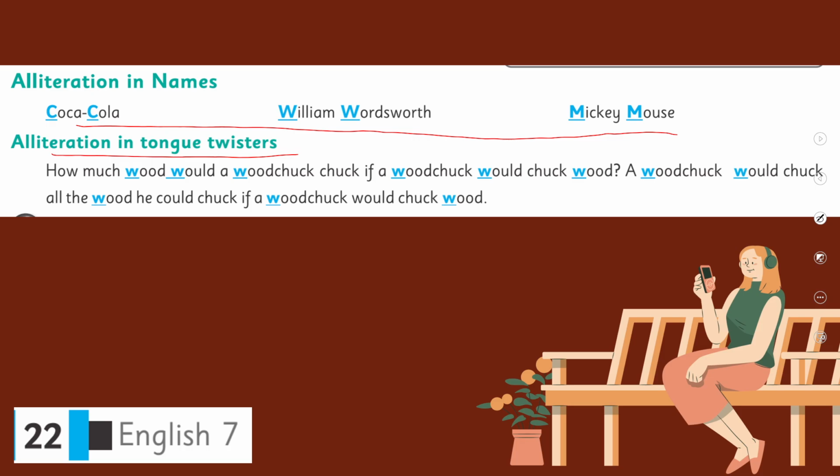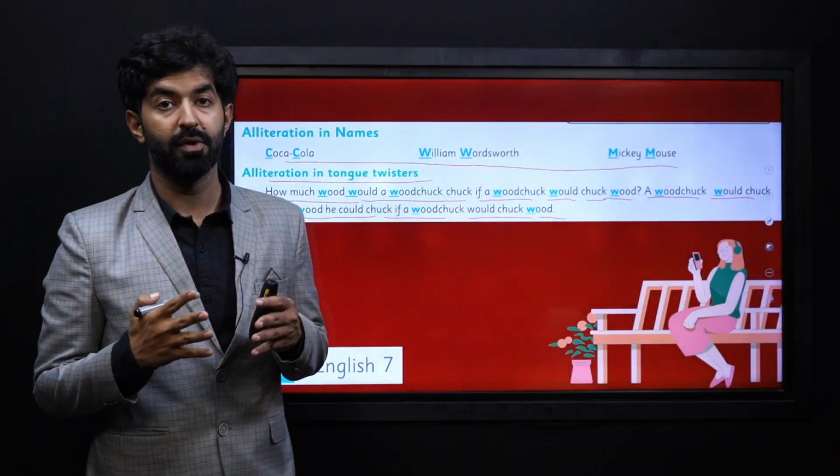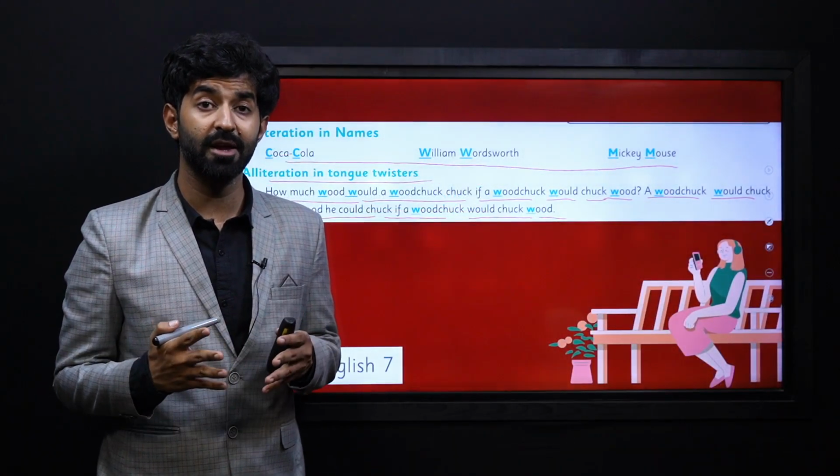Now in tongue twisters, let's say, how much wood would a woodchuck chuck if a woodchuck would? A woodchuck would chuck all the wood he could chuck if a woodchuck would chuck wood. Now this is a very interesting tongue twister that you can practice with your friends, with your siblings.